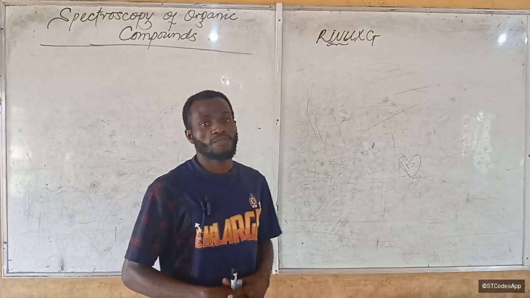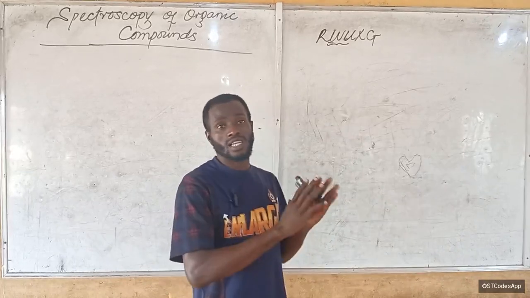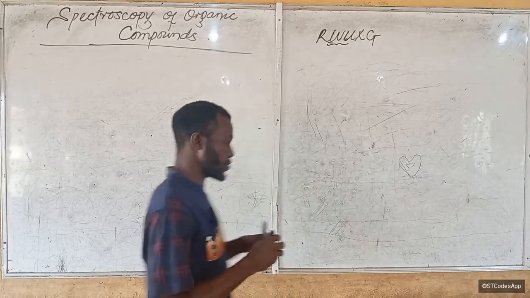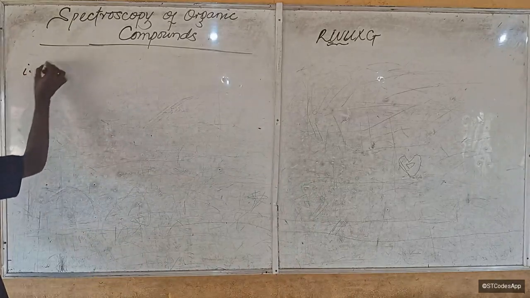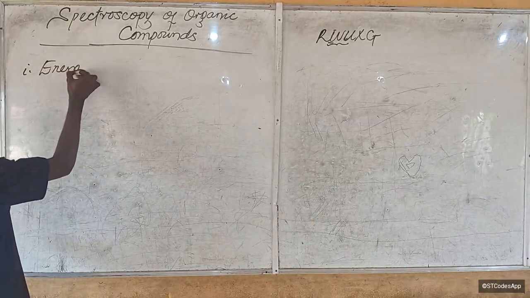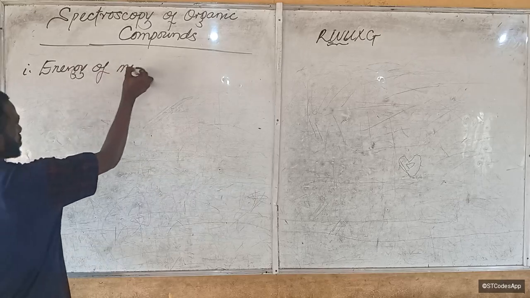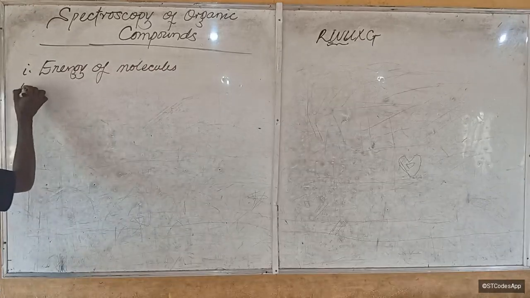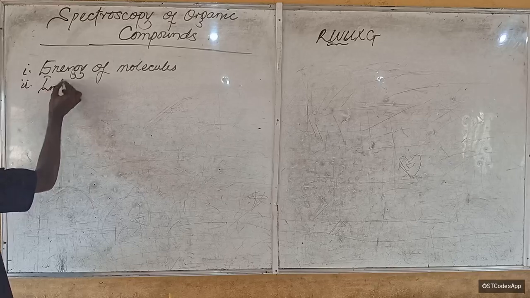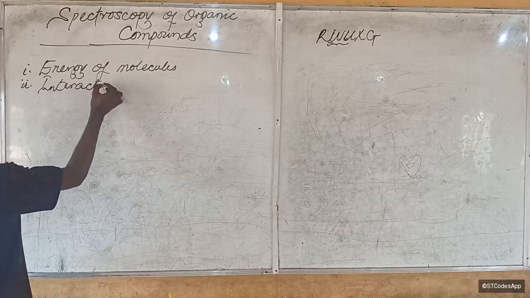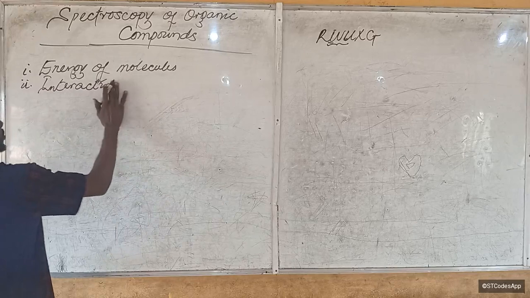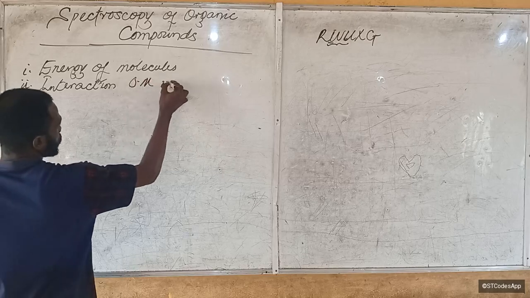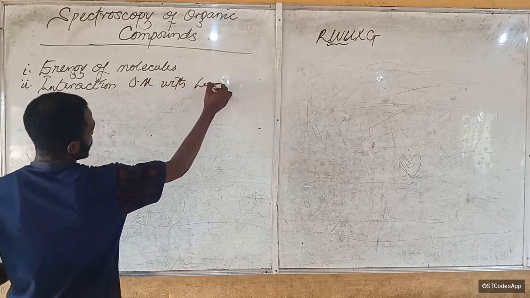So first, in order to understand spectroscopy of these organic compounds, we have to understand the energy of organic molecules, okay? Then we'll talk about the interaction of organic molecules with light, okay?